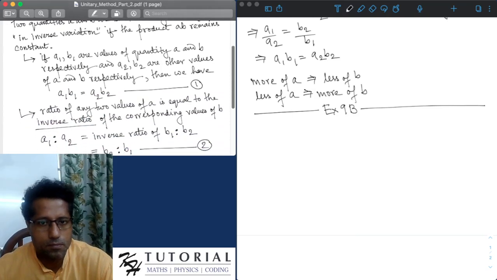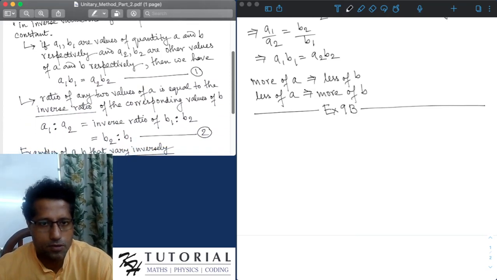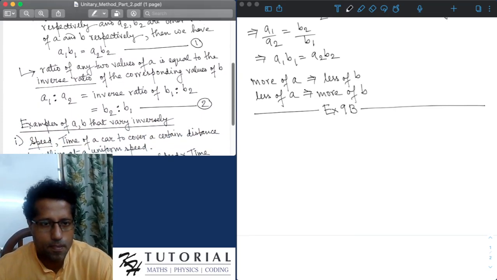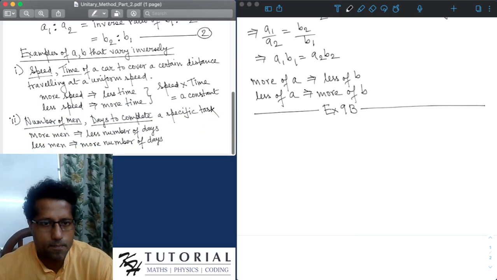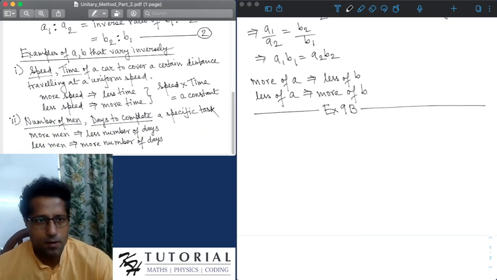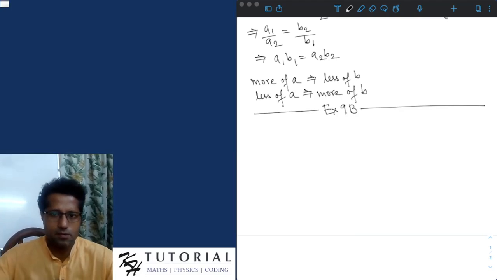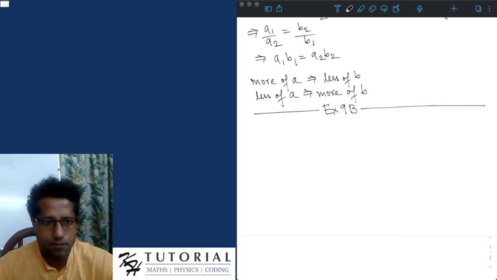Now you can take a screenshot of the notes. Okay, let's start solving the problems from the exercise. I'm not sure whether you will be able to see it. Let me increase the font a little bit.